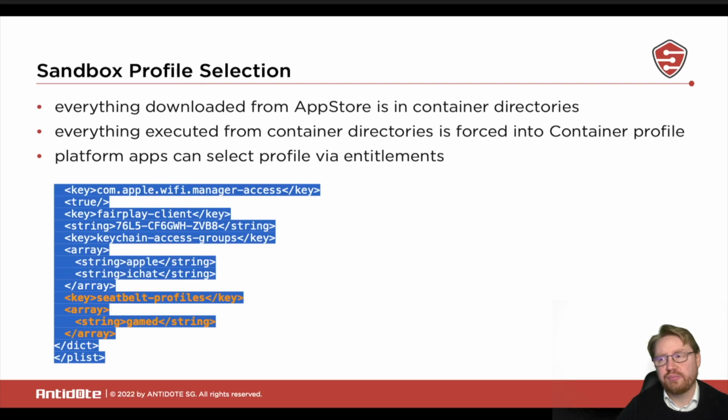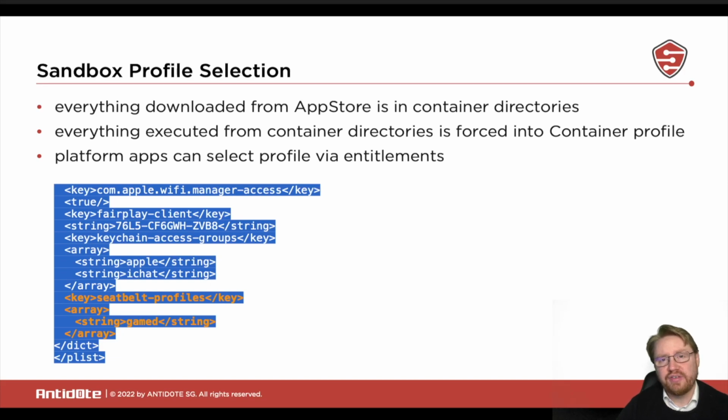Sandbox profile selection: when you download stuff from the App Store, it's in the container directories, which will more or less force it to be executed in the container sandbox. Platform apps, the command line apps for example on iOS, usually choose their Sandbox profile via an entitlement.